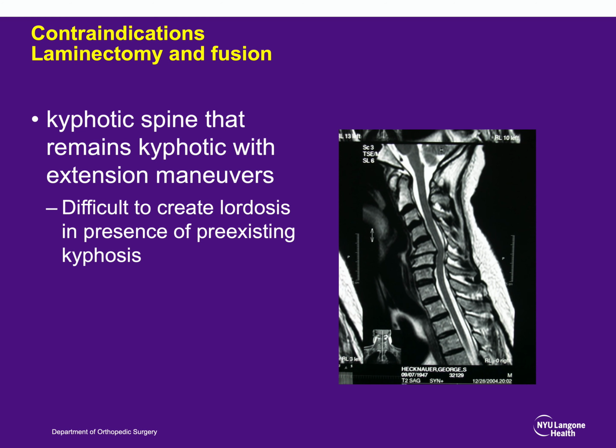Contraindication for just performing laminectomy and fusion would be in someone with kyphotic spine that remains kyphotic with extension maneuvers, as even with the generous cervical laminectomy, the cord in kyphotic spine may be draped anteriorly, which would result in persistent myelopathic symptoms.